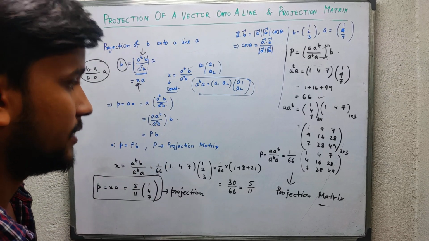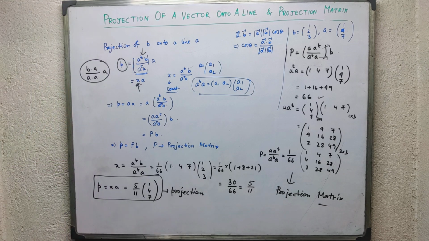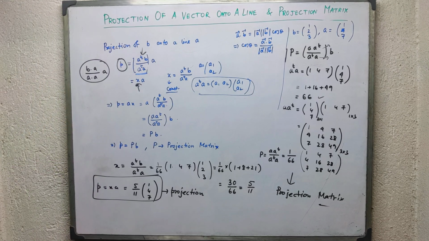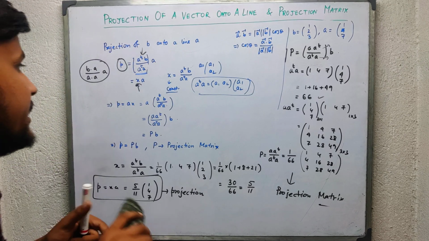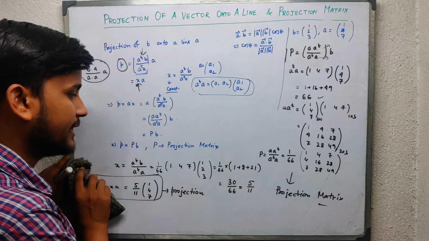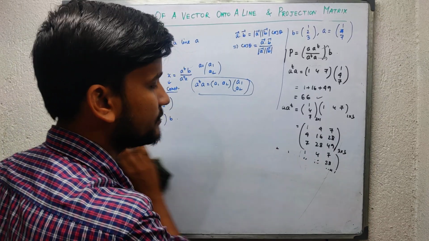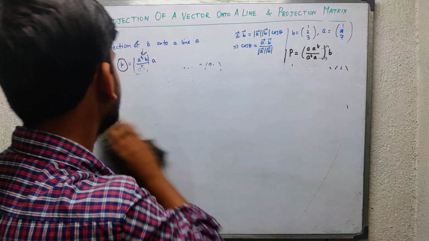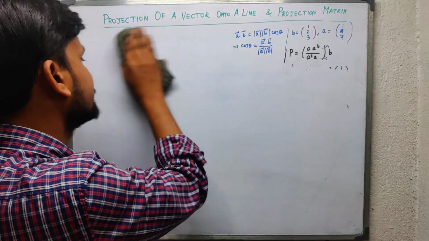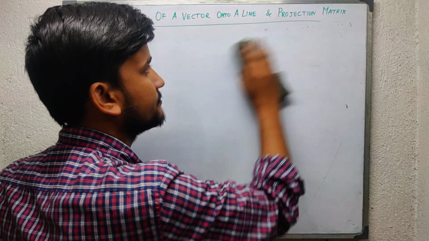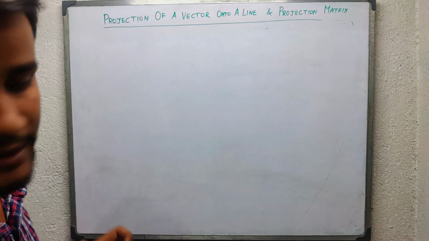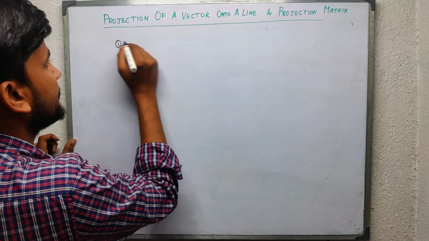Now there are 2 or 3 characteristics of this projection matrix. Okay, characteristics of projection matrix. I think this will be clear for you. Now some characteristics or properties, you can say.